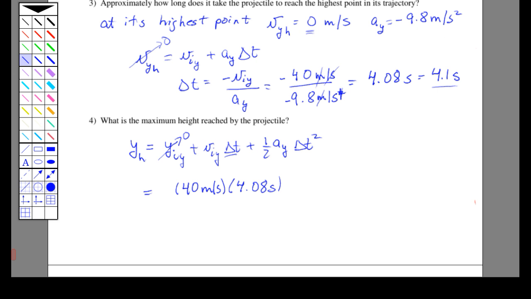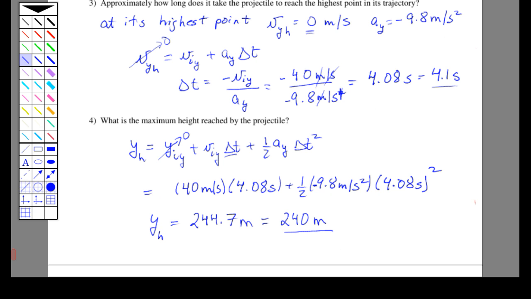So that's the time, plus 1/2 times negative 9.8 meters per second squared times 4.08 seconds squared. Plugging all those numbers in your calculator, I got an answer of 244.7 meters. Your answer might vary slightly depending on how you rounded. To 2 significant figures, this is just 240 meters. There you go.